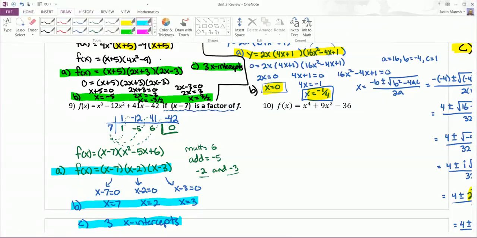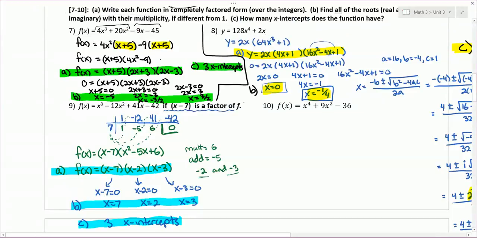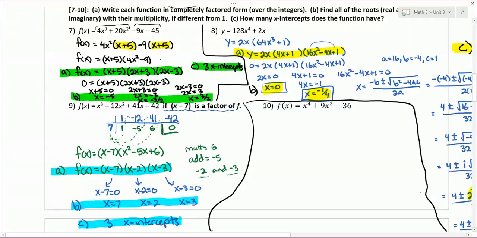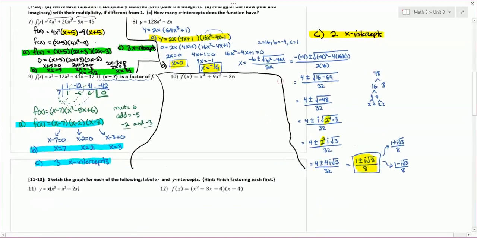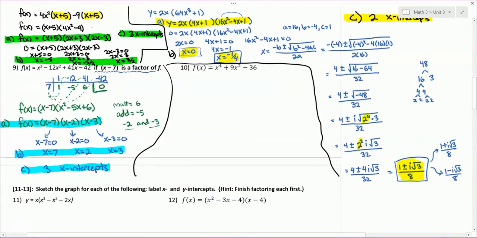Okay, last one, number 10 of this type. Number 10, here we have a 4th degree polynomial, but it's written in somewhat of a quadratic form.